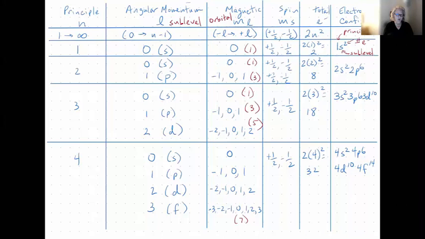And L being 1 is the P sublevel. And when L is 1, M sub L can be negative 1, 0, 1, which tells us there are 3 P orbitals in the P sublevel. That means that starting at the second energy level, you can have 3 P orbitals, each holding 2 electrons of opposite spin for a total of 6 electrons that fit in the P sublevel.